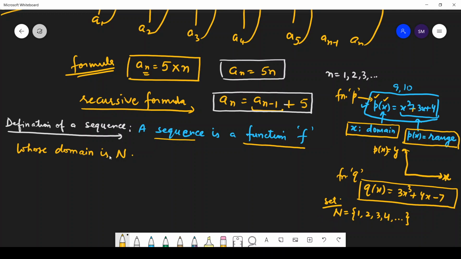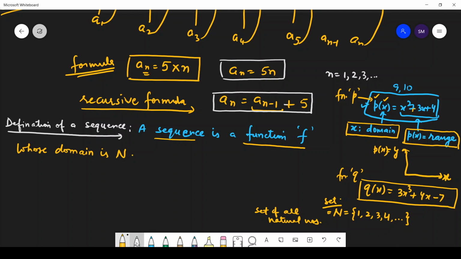So you have three ways to write it. First, you write the set of all natural numbers. Second, you write capital N. And third, you write in curly brackets 1, 2, 3, 4, and so on.